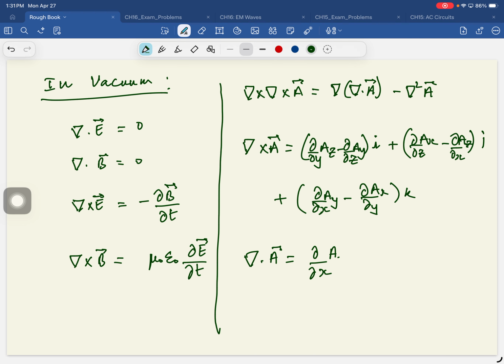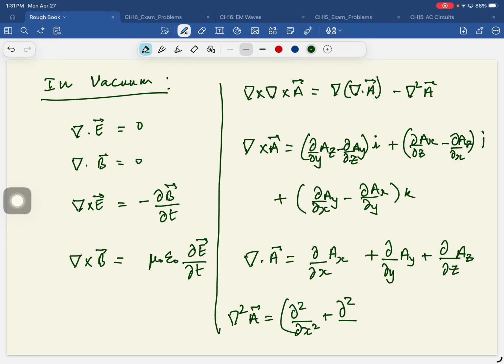The curl of a vector is given by that. The divergence of a vector field is given by this. And here is the Laplacian on that vector field. All right, so let's do this. We have this equation: curl of E is minus del B by del t.